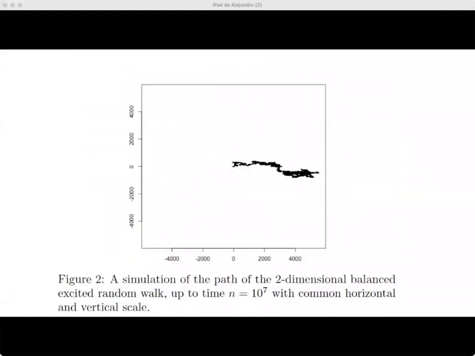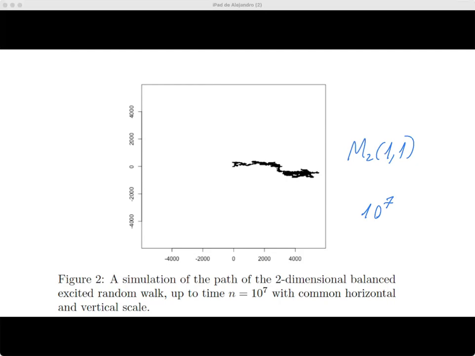So this is a simulation of the two-dimensional random walk. This is the M21 random walk, for 10 to the 7 steps. You can see the range in this picture.